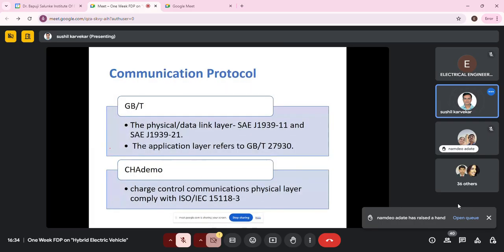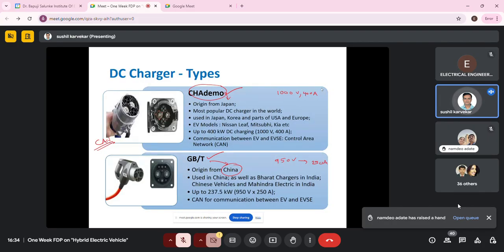So the communication protocols, as I said, include the CAN protocol. Then there is the 7-layer OSI model. You might have gone through it at some point in your engineering. The 7-layer OSI model comprises the physical layer as well as the data link layer. And if you see the SAE standards which are used by manufacturers, they make use of J1939-11 or J1939-21 for designing the arrangement of EVSE.